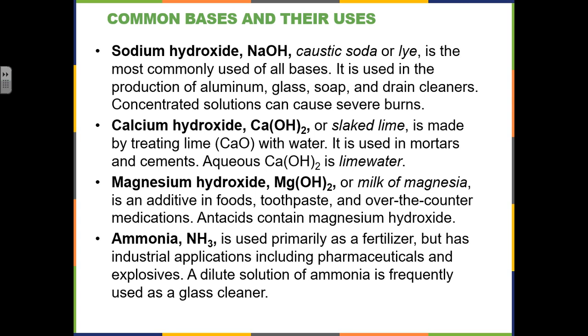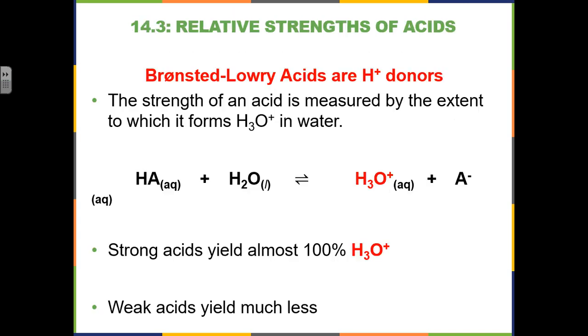You have magnesium hydroxide, which is also milk of magnesia, and is found in food additives, toothpaste, etc. Also it can be found in some antacids. And then lastly, you have ammonia, which is used as a fertilizer but has other applications. I've even heard it being used as a glass cleaner.